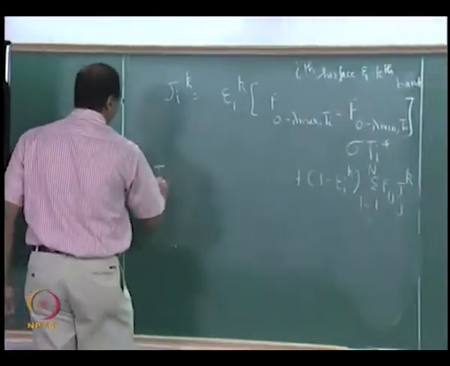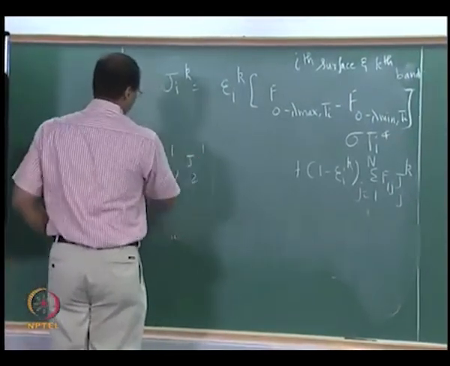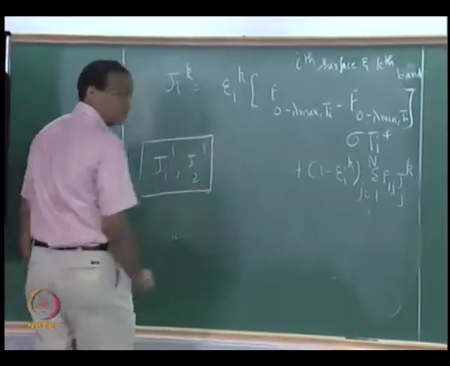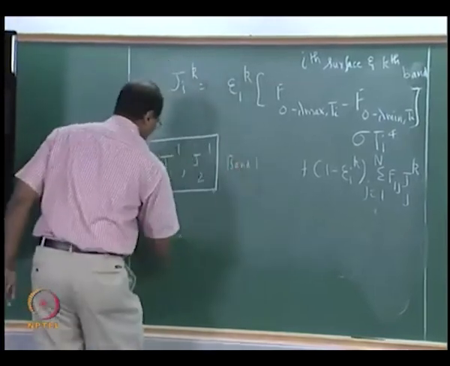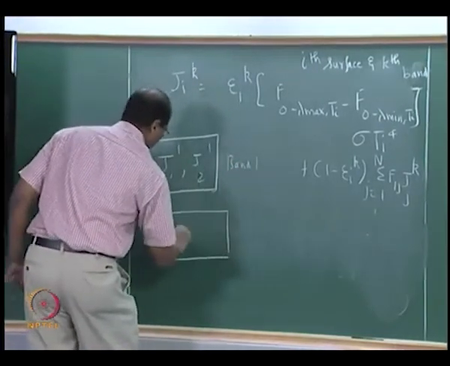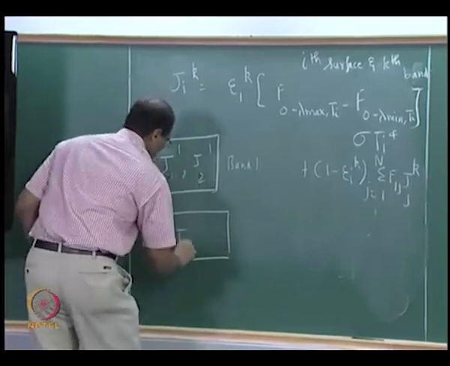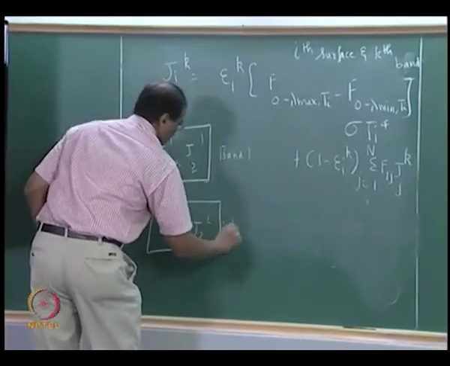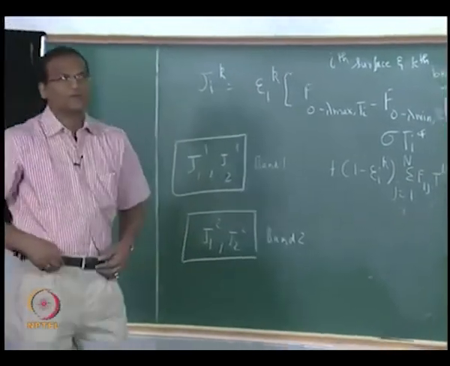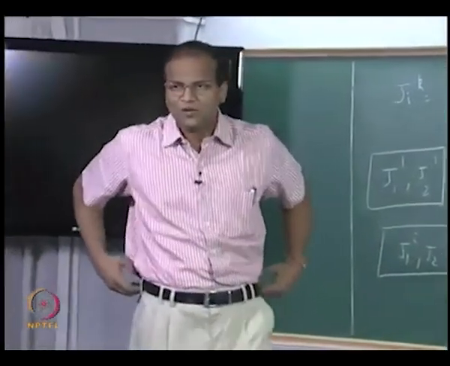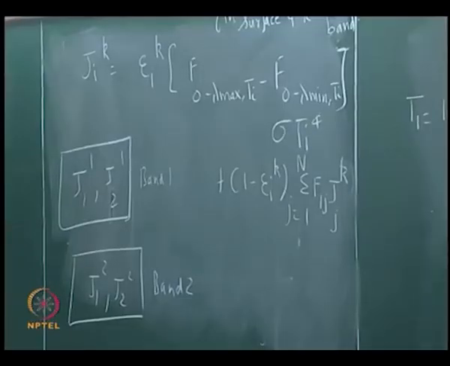So we can solve for band 1. Then you can add the J's, you can add the q's and get the total q, whatever you want.